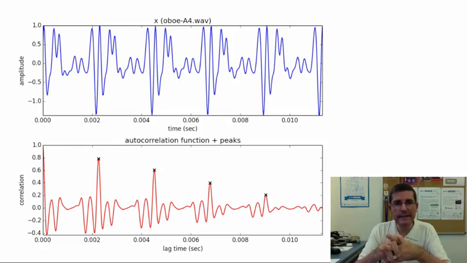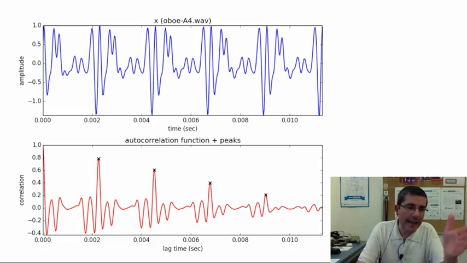Okay, so let's look at a particular example. This is the oboe sound again, and below is the autocorrelation function, in which we clearly see, of course, that at lag 0 it is 1. It's completely correlated.